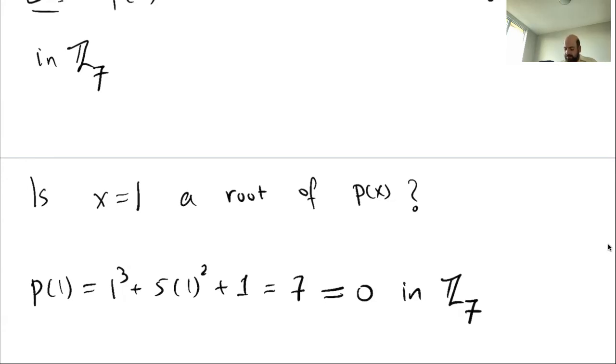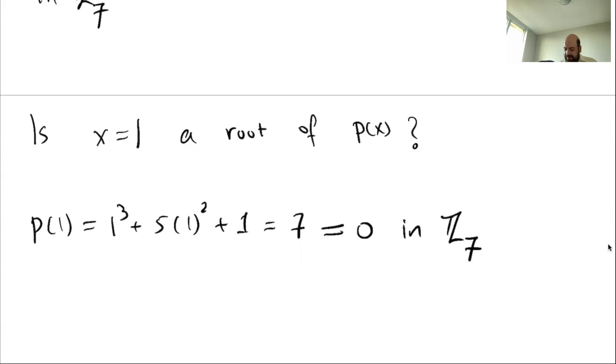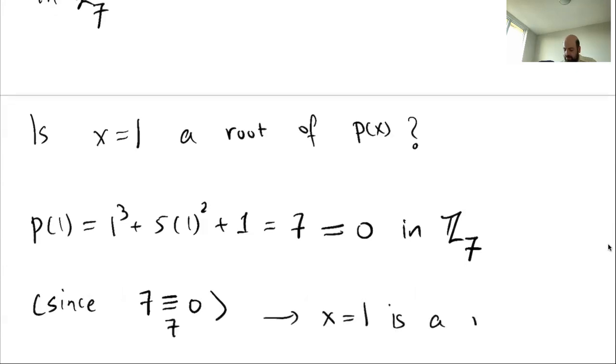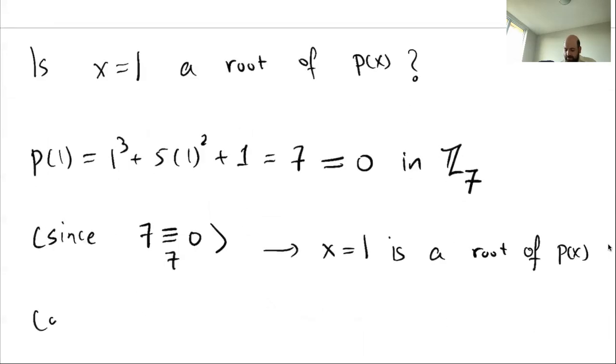So this is equal to 0 in Z7, since 7 is congruent to 0 mod 7 because 7 divides 7 minus 0. And therefore x equals 1 is a root of P(x) as a polynomial in Z7.